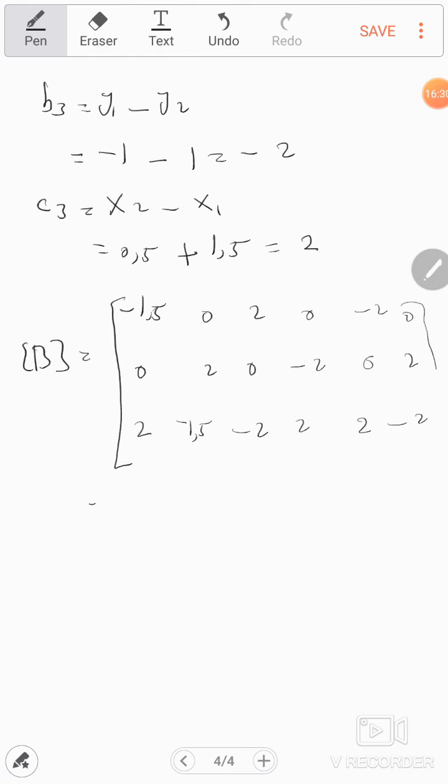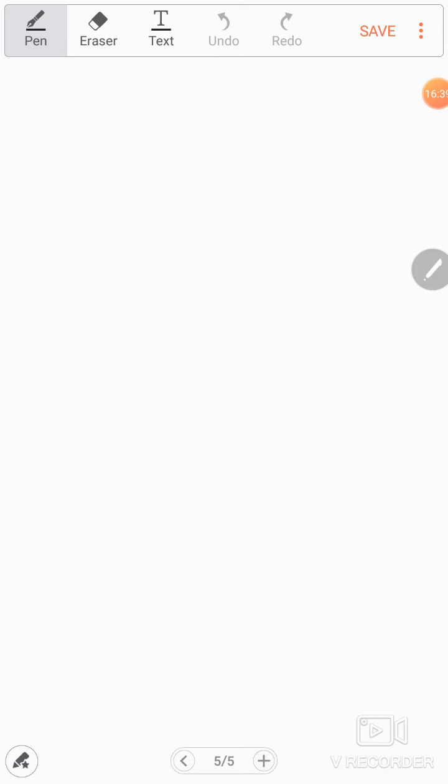This is your B matrix. Then go to find the D matrix.